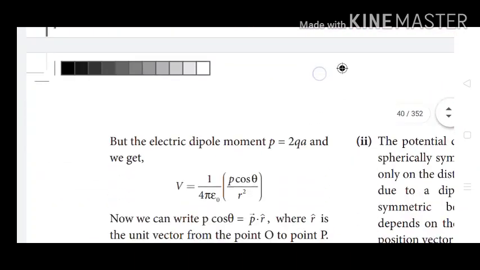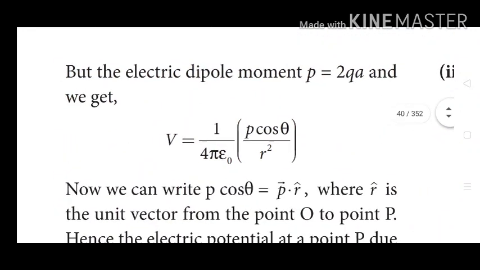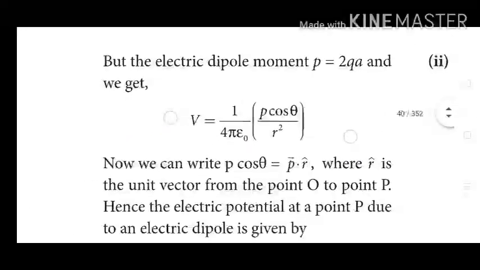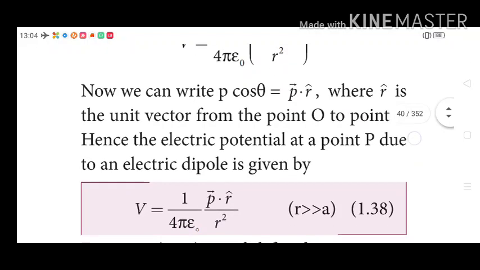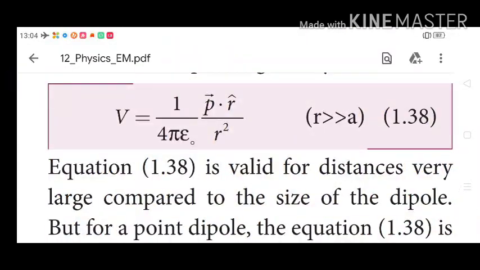Now we move on. The electric dipole moment P is equal to 2qa, and we get V is equal to 1 by 4 pi epsilon naught P cos theta by r square. Now we can write P cos theta is equal to P vector dot r cap, where r cap is the unit vector from the point O to the point P. So hence the electric potential at the point P due to an electric dipole is given by V is equal to 1 by 4 pi epsilon naught P vector dot r cap by r square, since r is very much greater than a.